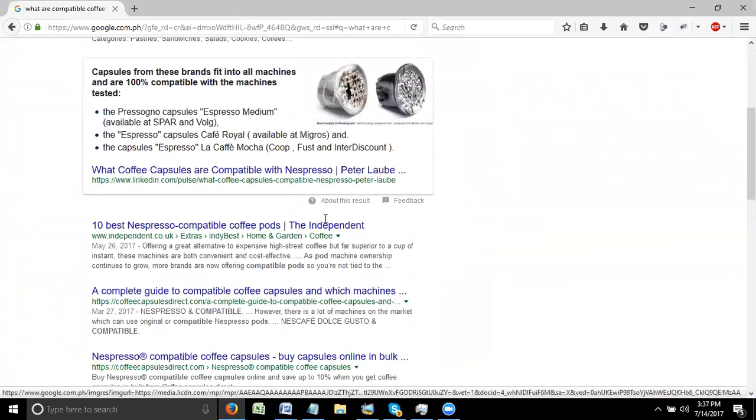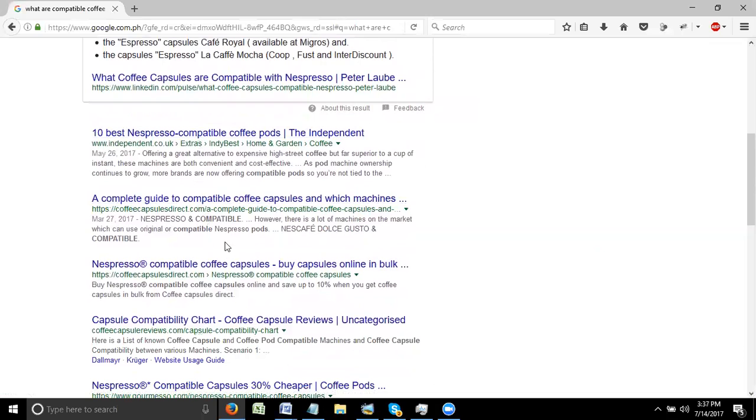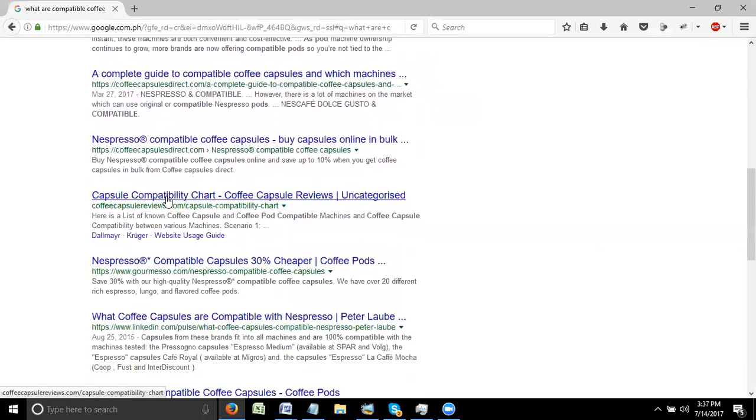Okay. So you see here a couple of resources, and you can also get some ideas. There's even a capsule compatibility chart here, and let's take a look at what that looks like.